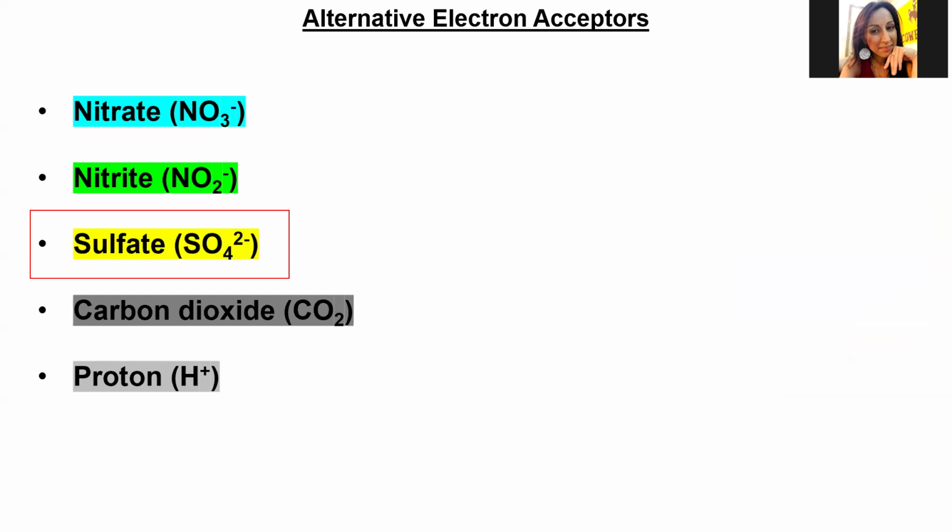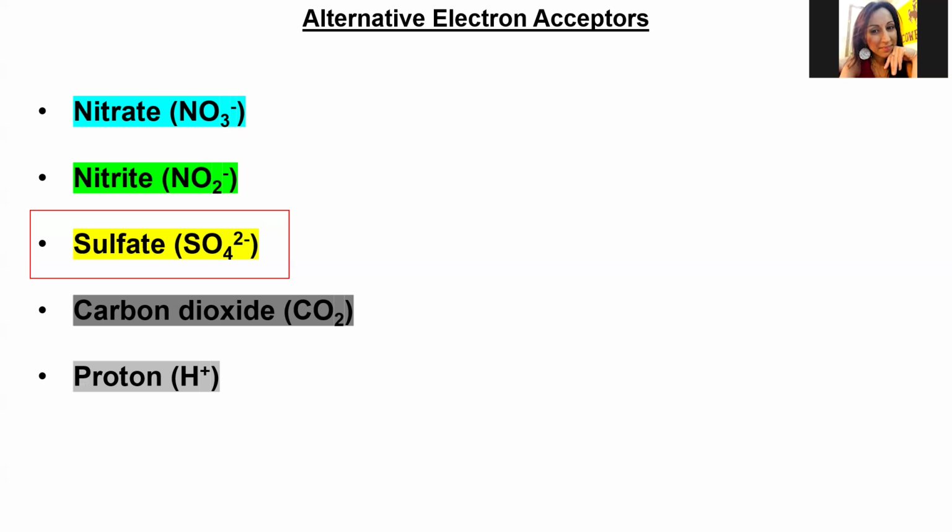Third one is sulfate. And I love these organisms because if you think of the tower of power, oxygen is on the bottom. Slightly above is nitrate, then nitrite. And sulfate is really in the middle. On the top will be glucose, right?